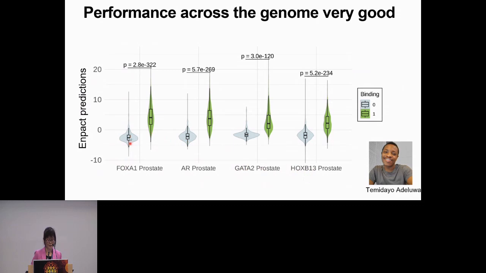On the left, this corresponds to unbound, and the right side, the darker green, corresponds to bound. So we are predicting pretty well: the NPACT predictors give much higher values for sites that were bound compared to sites that were not bound. That's very good. But again, this is across the genome, which is not really what we are interested in.